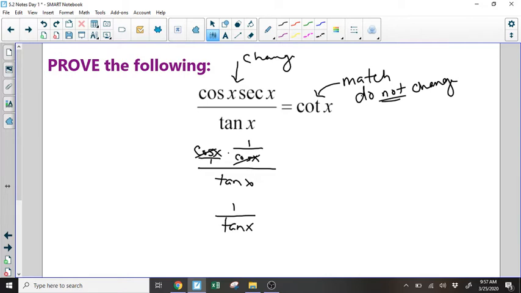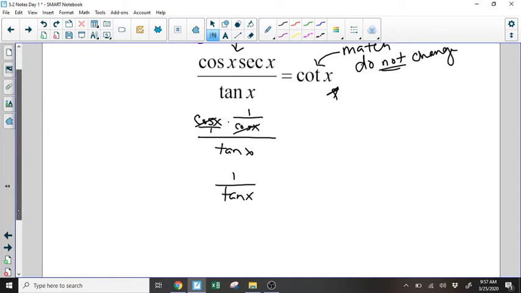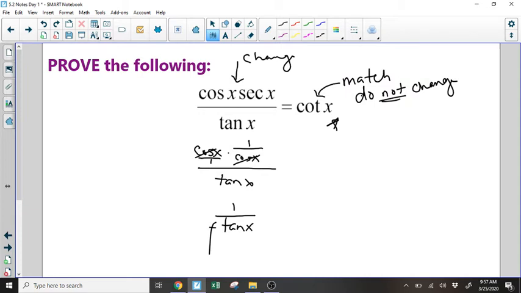And again, keeping in mind what we are trying to match here, 1 over tangent x is cotangent x. And now that I have it matching my original, we are done.